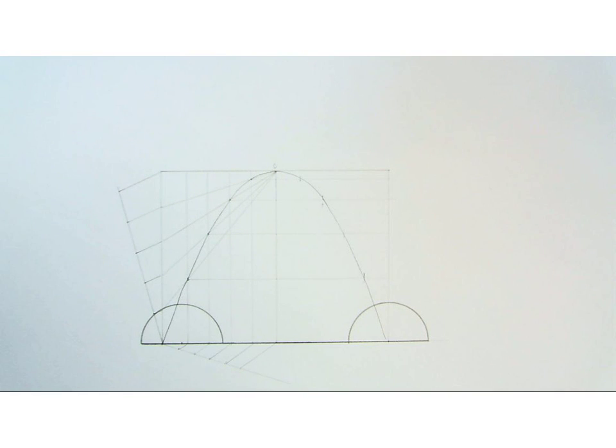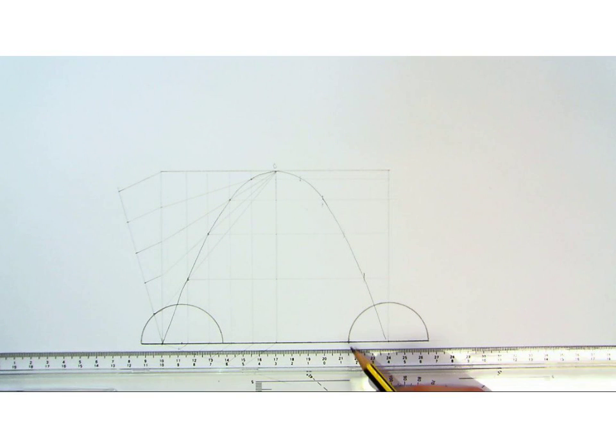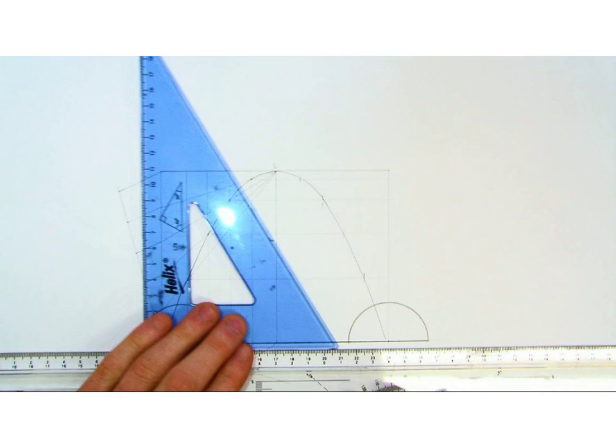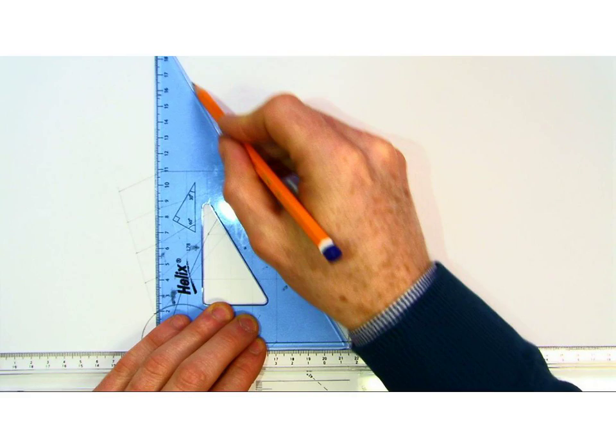Step 2, I'm going to start to locate the center axis for the ellipse. The question tells me it's orientated at 60 degrees from the edge of the circle in the paw. So I'm going to draw my line in at 60 degrees very lightly.